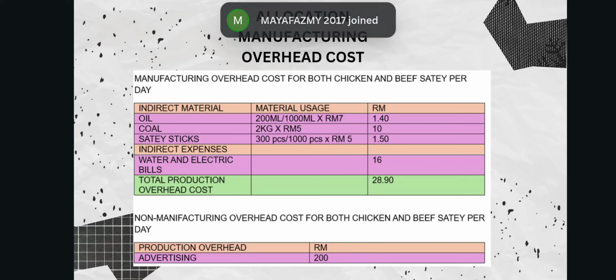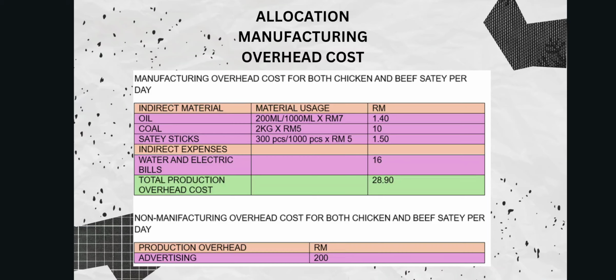For coal, they use 2 kg times 5 ringgit, they get 10 ringgit. For satay sticks, they use 300 pieces per 1,000 pieces times 5 ringgit, so the indirect material cost is 1 ringgit and 50 cents.